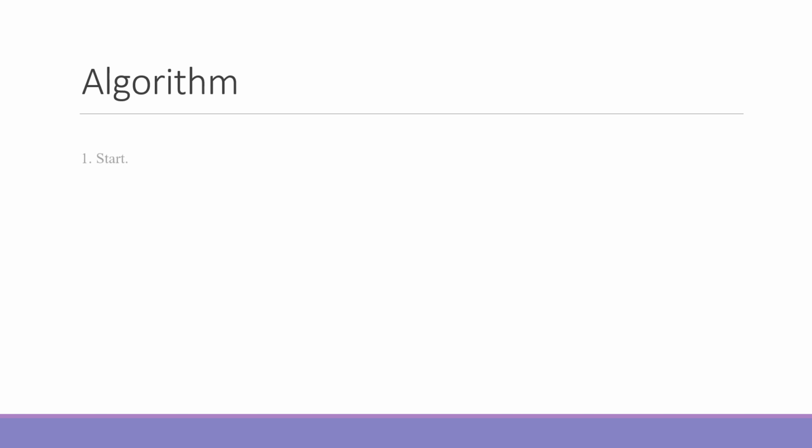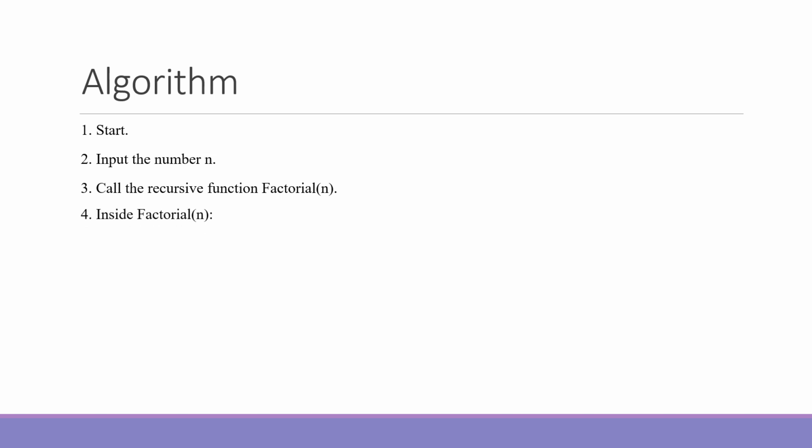Algorithm. Step 1. We start the program. Step 2. The user is prompted to input a number, which we'll call n. Step 3. Call our recursive function, factorial of n. Step 4. Inside the factorial function, the first thing we do is check if n is equal to 0.